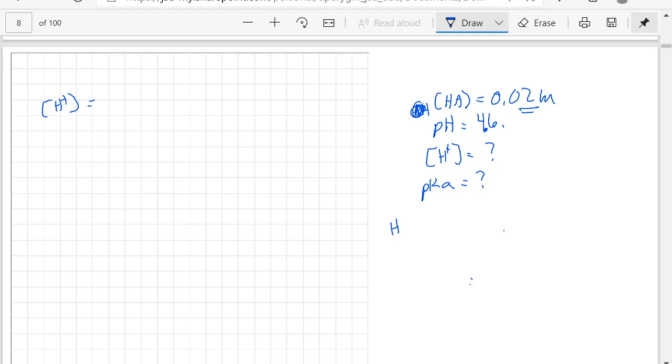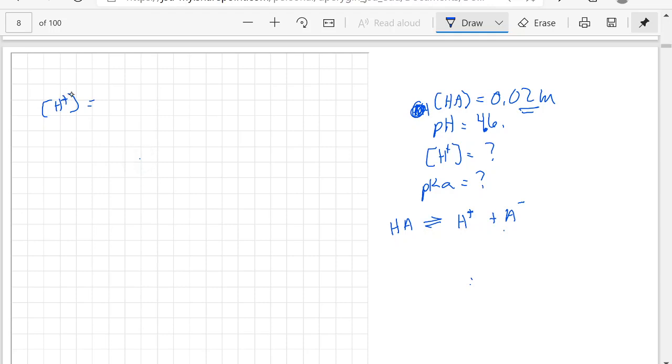We're not told what that acid is, but we know that HA is in equilibrium with H plus plus A minus. It doesn't completely dissociate. This is a reversible reaction. So the concentration is going to be dependent on the Ka, which is directly related to the pKa, and we don't know the pKa, so we don't know how far this is going to dissociate.